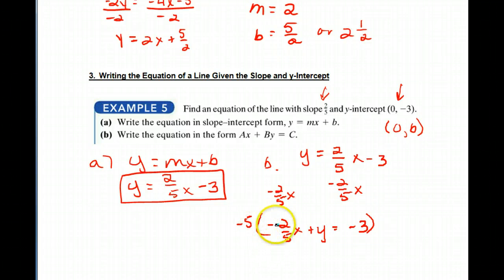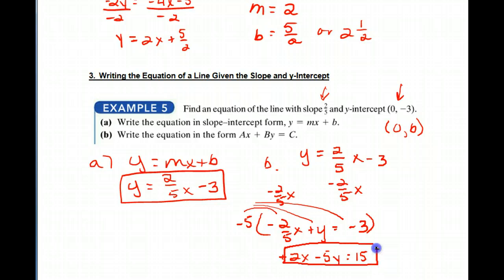That is going to turn the leading term positive, and it's going to eliminate the fraction as we distribute through that equation. So we're going to be left with positive 2x -5y equals 15. And we now have standard form of that same equation.